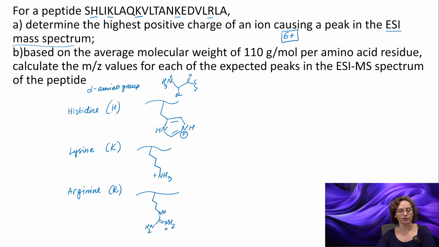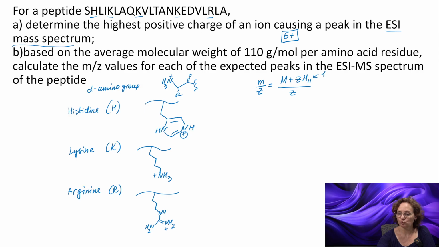Now, the next question is to sketch the spectrum, determine the number of peaks and the M to Z ratios for each peak. So in mass spectrum, the signal is characterized by M to Z value, which is the mass composed of the mass of the peptide plus a Z number of hydrogens, right, protons attached to protonate, divided by the charge, correct?